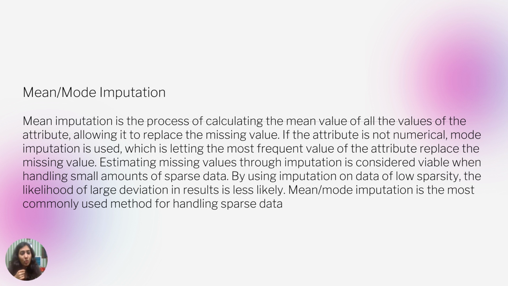Estimating missing values through imputation is considered viable when handling small amounts of sparse data. By using imputation on data of low sparsity, the likelihood of large deviation is less likely. Mean or mode imputation is the most commonly used method for handling sparse data.